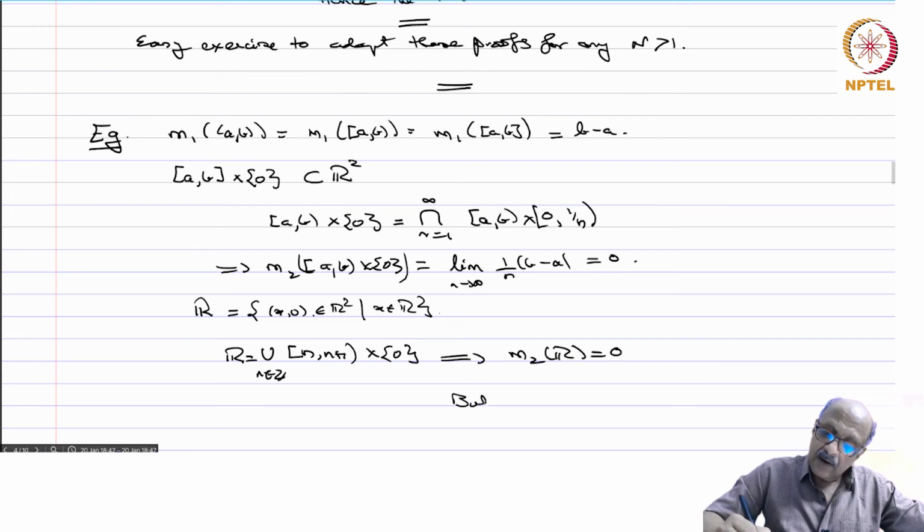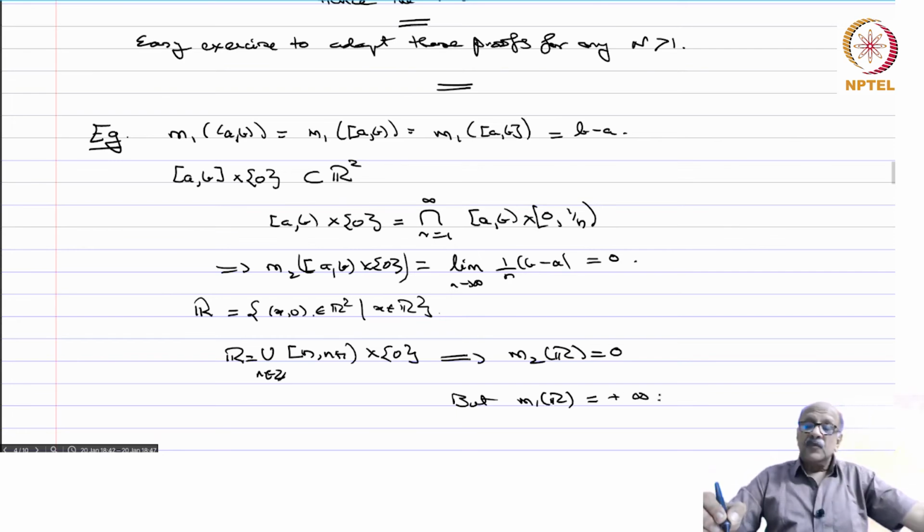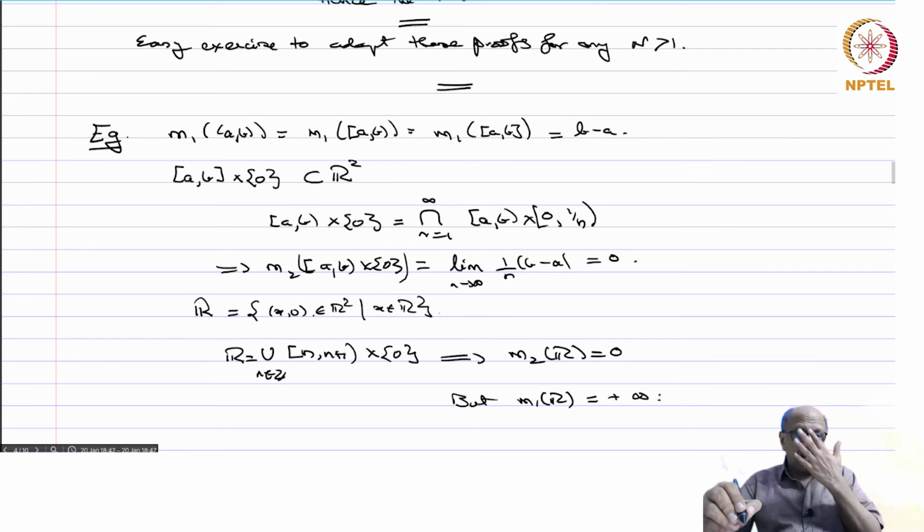But M1 of R again is the union of all such intervals. Each of them has measure 1, they are all disjoint, and therefore this is equal to plus infinity. So the Lebesgue measure of R itself in one dimension is infinity, but if you consider it as a subspace of R^2 or any higher dimensional space, it is 0.